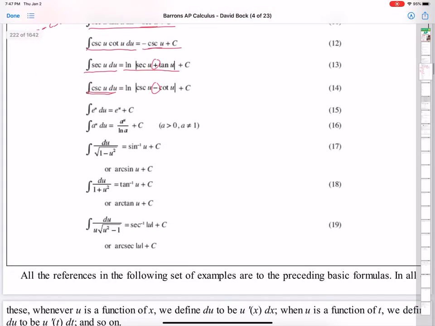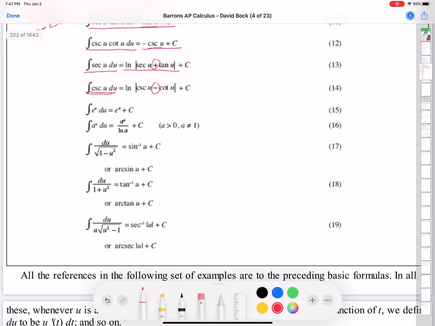What was the derivative of e to the x power? E to the x derivative was e to the x. So integral e to the x dx equals e to the x plus c. What about a to the x power? What was the derivative of that? That is a to the x power times ln a. That was the formula, right? So backwards is integral. So integral a to the x times ln a dx is equal to a to the x plus c.